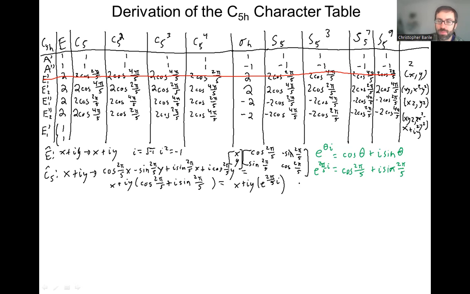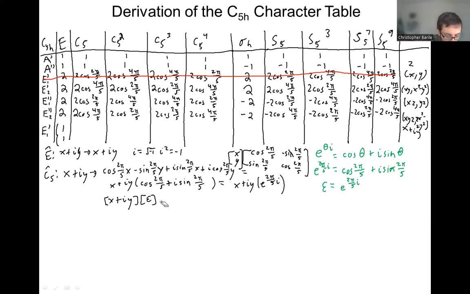And that's going to be such an important quantity in this character table. It's going to come up over and over again. We're going to call it epsilon. So epsilon equals e to the 2 pi over 5 i. We're just defining that. And so we can rewrite this as a matrix now, where x plus iy multiplied by epsilon is explaining our transformation.